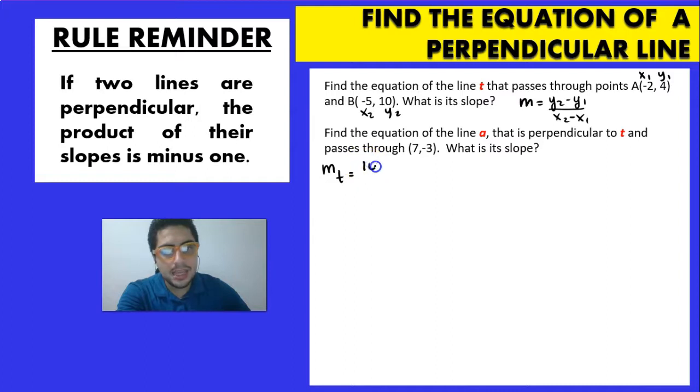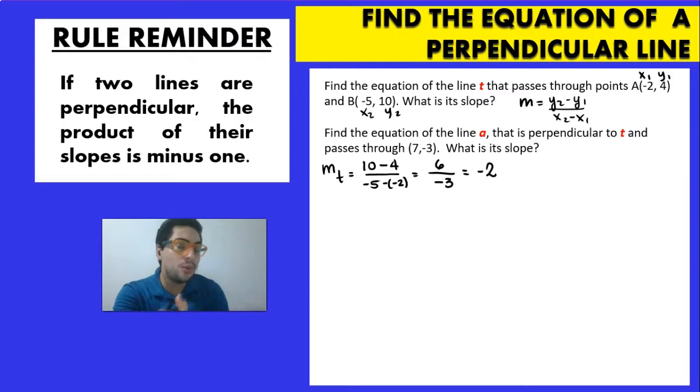So it's 10 minus 4 divided by -5 minus -2, which is 6 divided by -5 plus 2, which is -3. And that means that the slope of line T is -2.